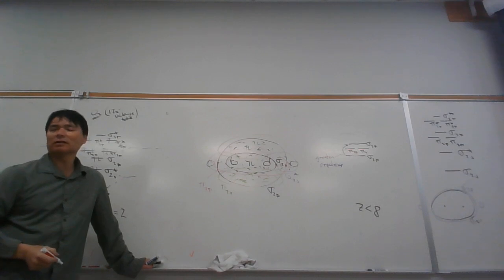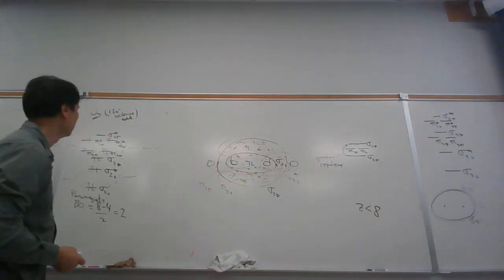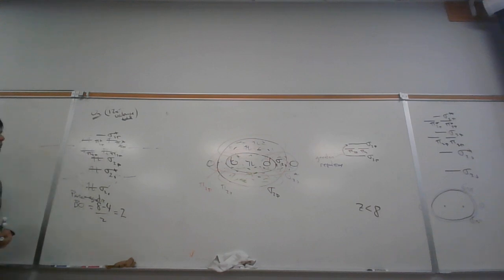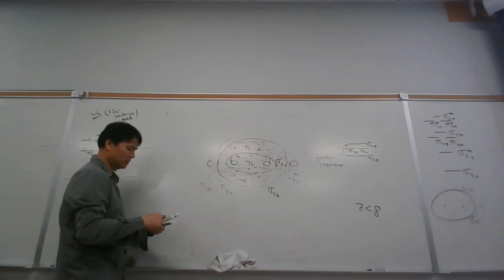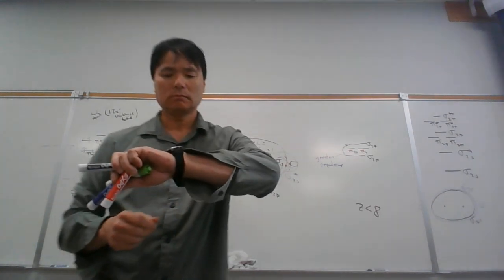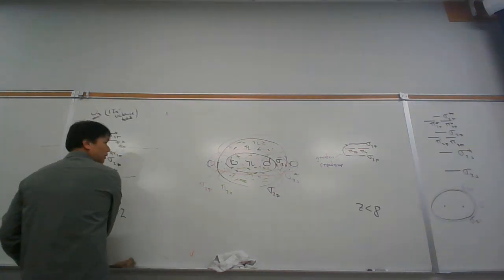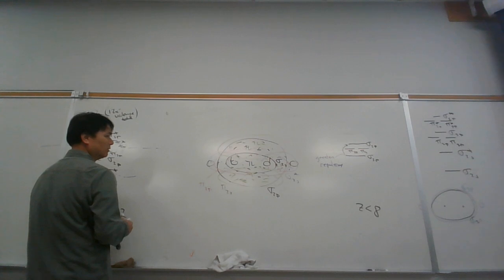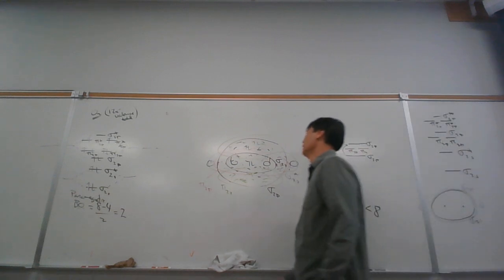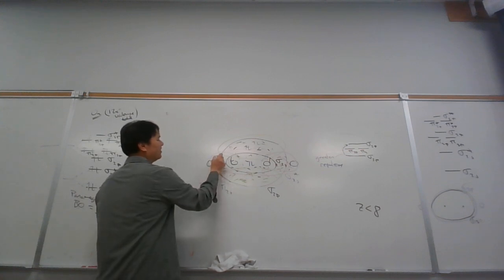So far, you know what this looks like? This looks like valence bond, doesn't it? So far, this kind of looks like valence bond. Except when we get to these. Now, the pi star 2p, the first one is going to look like this. This is going to be anti-bonding, so I'm going to try to draw it differently. I ran out of colors here. The green one is going to have an antibonding one that's going to look like this.